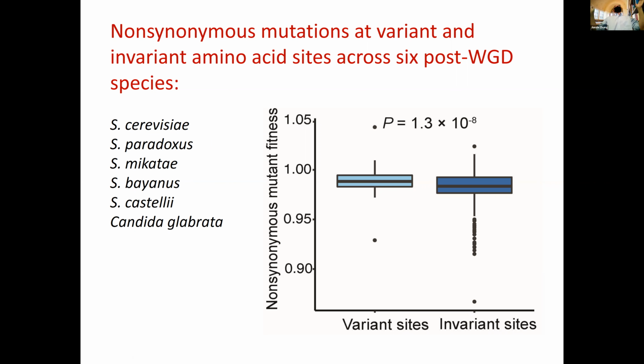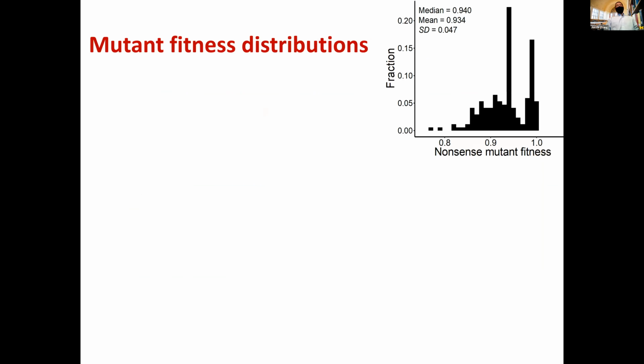We looked at the orthologous protein alignment and the amino acid positions that are variant versus invariant. The prediction is that if the amino acid position is invariant, the non-synonymous mutations at those positions are more likely to be deleterious. That is indeed the case. We found a significant difference in fitness. So that tells us the fitness measured in lab is at least somewhat valuable.